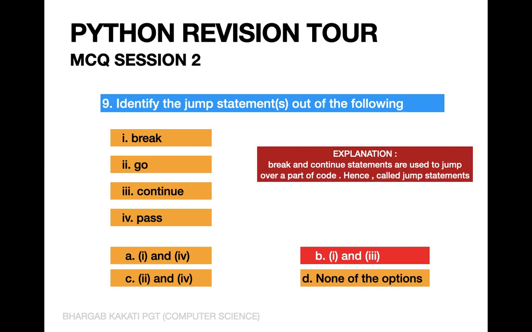So the explanation goes like this. Break and continue statements are used to jump over a part of code. So if you want to skip over a part of code, you can use these jump statements, break and continue. Hence these are called jump statements. Since we are skipping over a part of code, therefore these statements are known as jump statements.